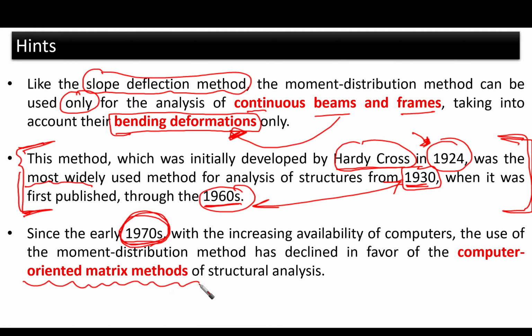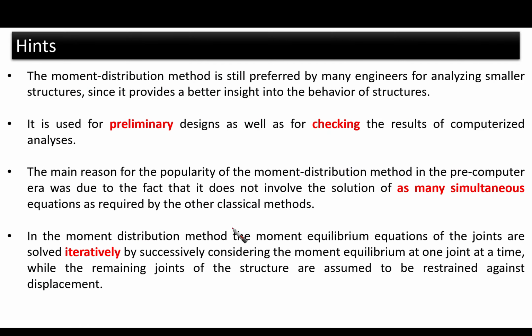What we are working on now using our computers and software is categorized under matrix methods, which is very suitable to computers and is considered dominant in structure analysis in general. Okay, so this is for some hints about it.